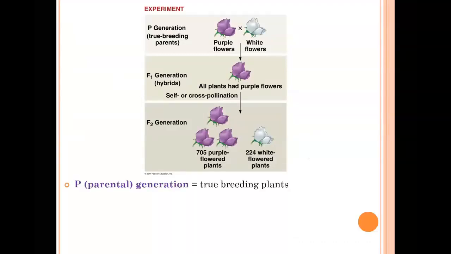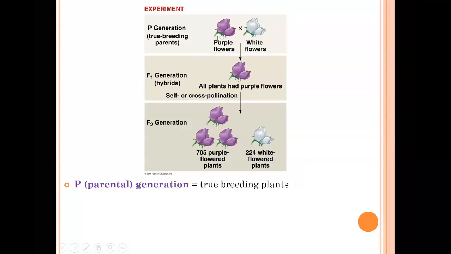All right, so the P generation are your true breeding parents. They're the ones that he starts with. What we mean by true breeding is this purple flower only has genes for purple. This purple flower got two sets, right?